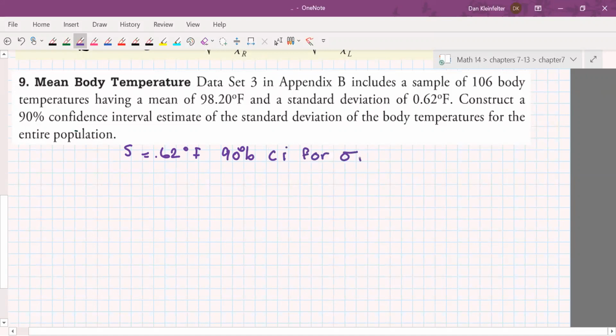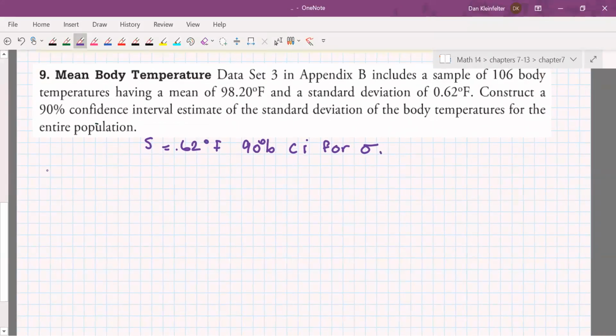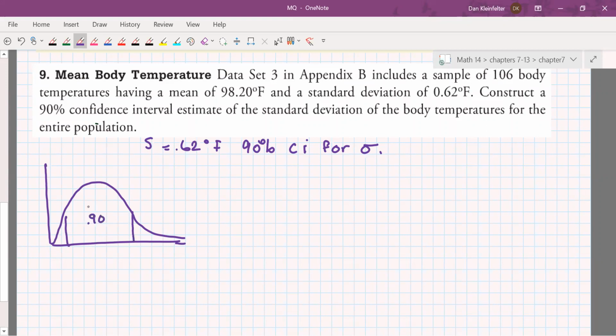All right, so let's see. There are several pieces that we're going to need here. I'm going to need a couple of critical values. So allow me to draw a rough sketch of that chi-squared distribution. We wanted a 90% confidence interval. That means that 10% is left in the two tails, half of it in each tail.